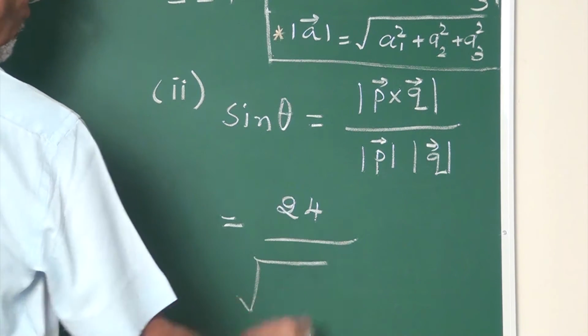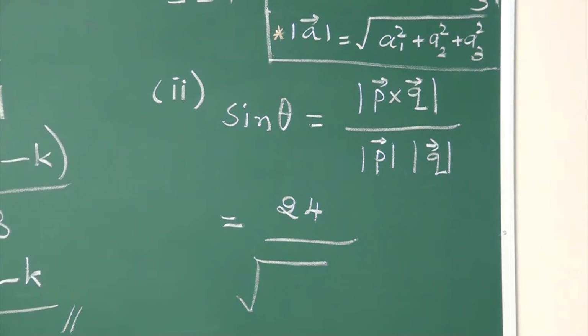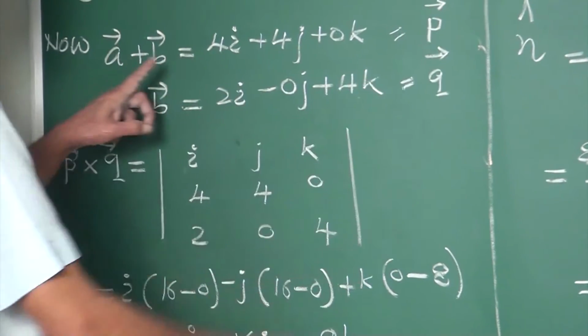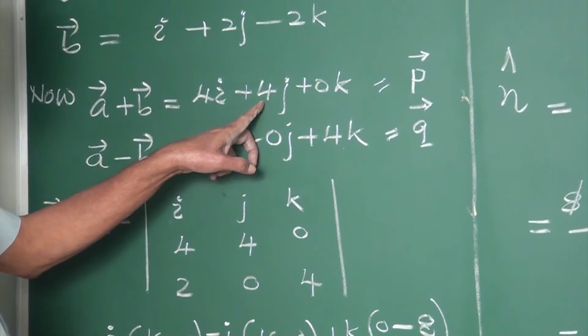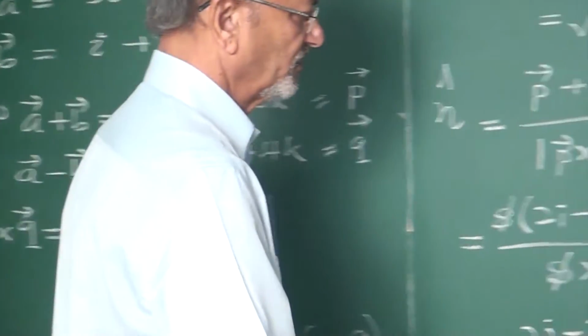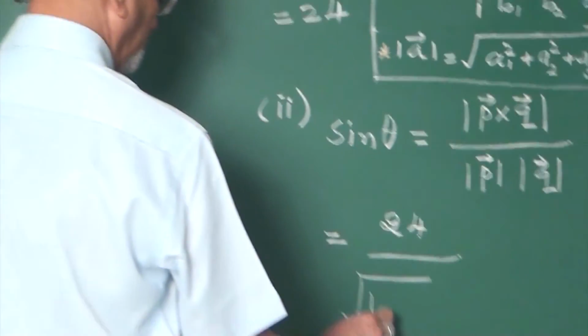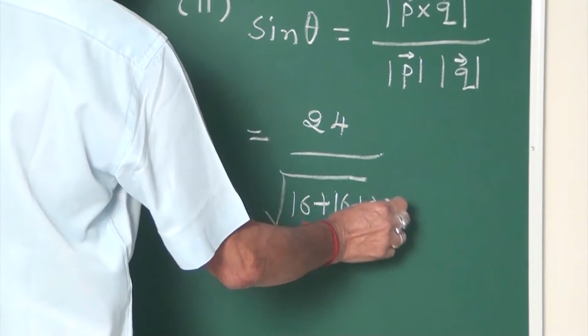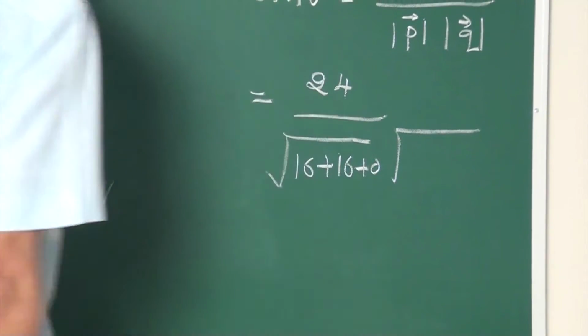In the denominator, the magnitude of A plus B is the same as magnitude of P, which is the square root of 16 plus 16 plus 0.